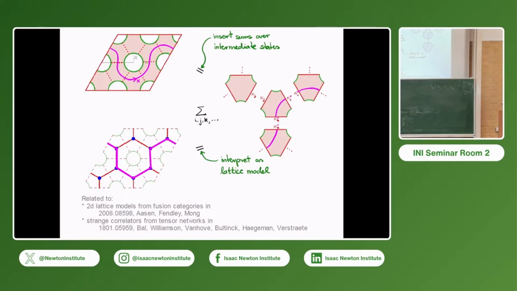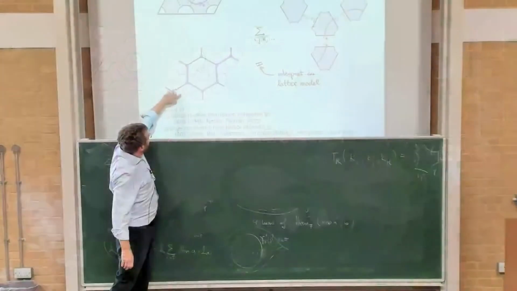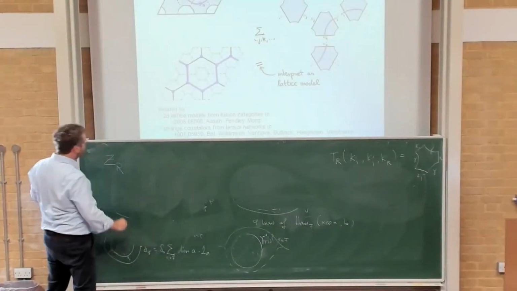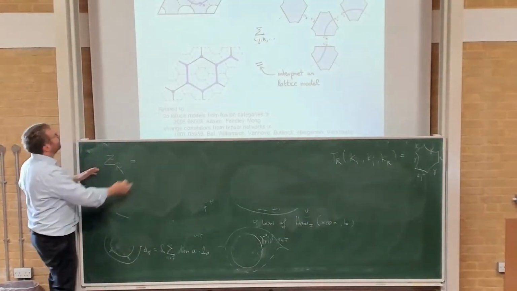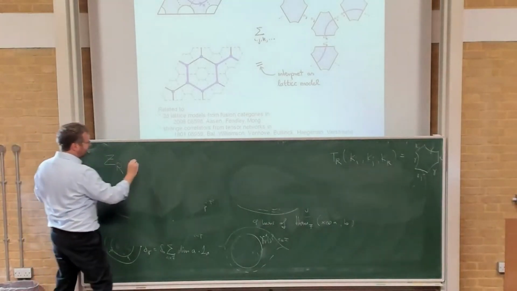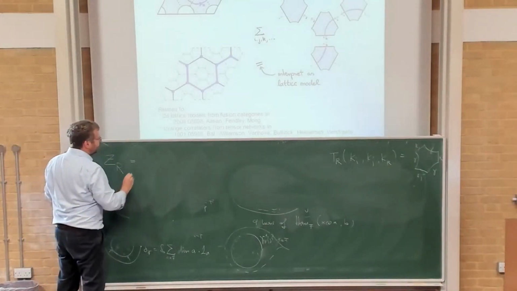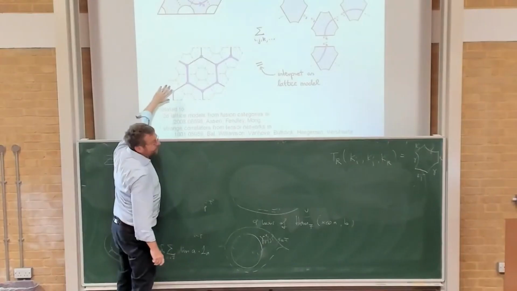And so what's the partition function of that model? So let's say we do Z_R is the partition function of that lattice model for a particular choice of radius. And it depends on many more things, on the CFT, on U, on F, but let me write it like this. And so we have to sum over all lattice configurations.